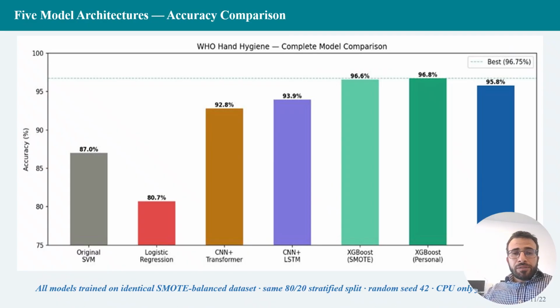Here we trained a lot of models to see which one is accurate and compatible for us. We use SVM, which is used by SunnyDeep, logistic regression, CNN, transformer, CNN plus transformer, CNN plus LSTM, XGBoost, and SMOTE.